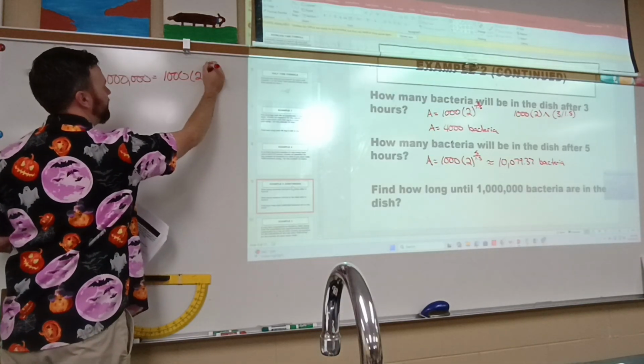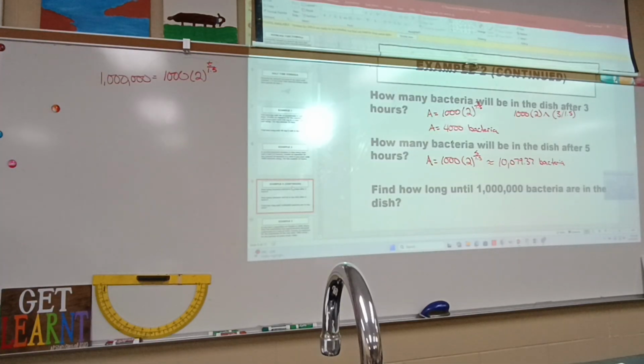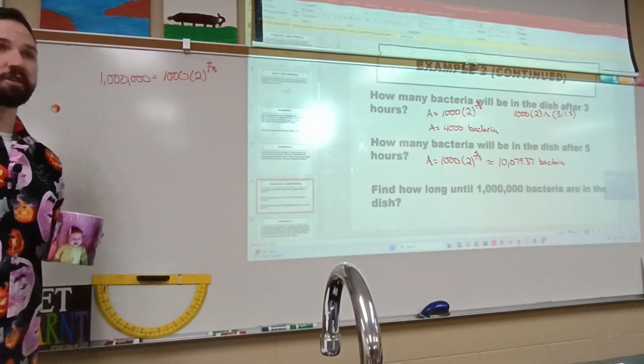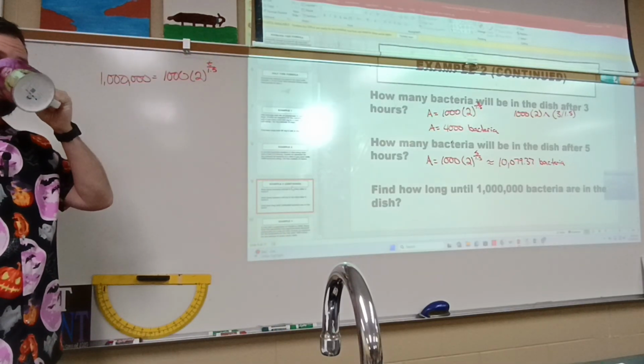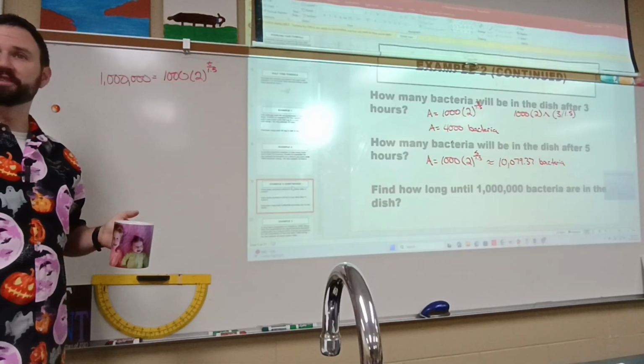So I'm looking for T, and then I'm keeping my original equation the same. All right. What's my first step going to be on this one? Should I go and log it right now? Is it ready to be logged?